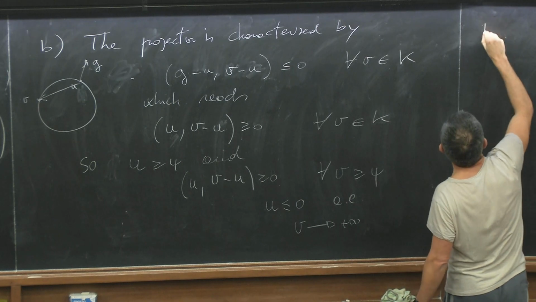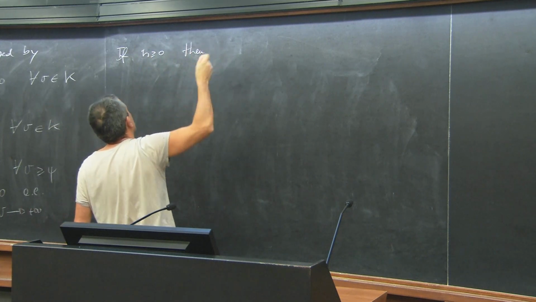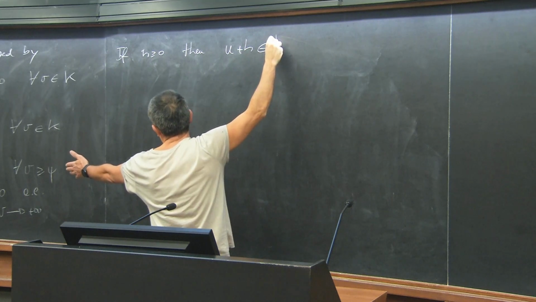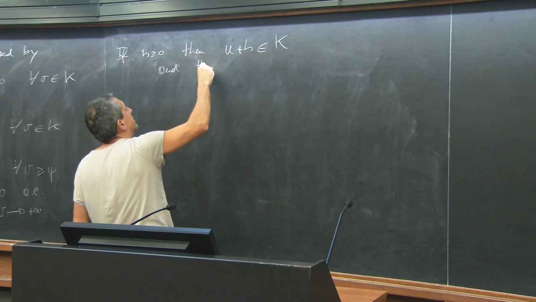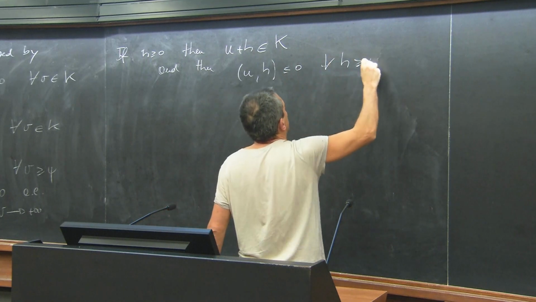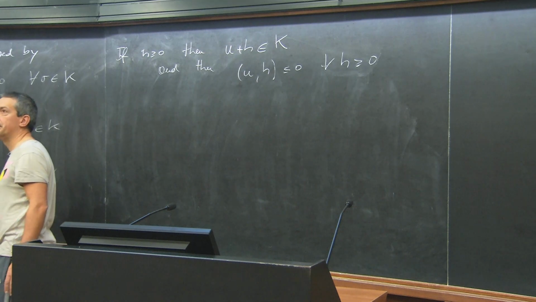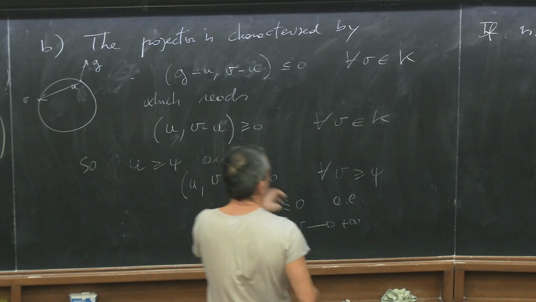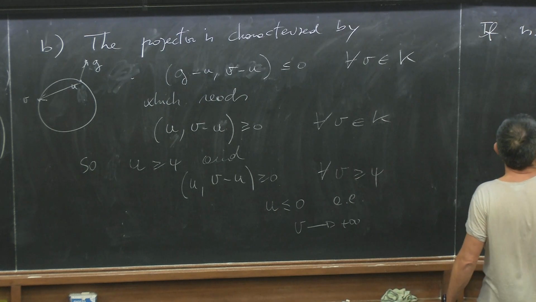So I just observe the following: if h is greater or equal than 0, then u plus h is in my convex set K, and then (u, h) is less or equal than 0 for all h greater or equal than 0. So I get that u should be less or equal than 0. On the other hand, u should be greater than psi. So the projection, what happens?